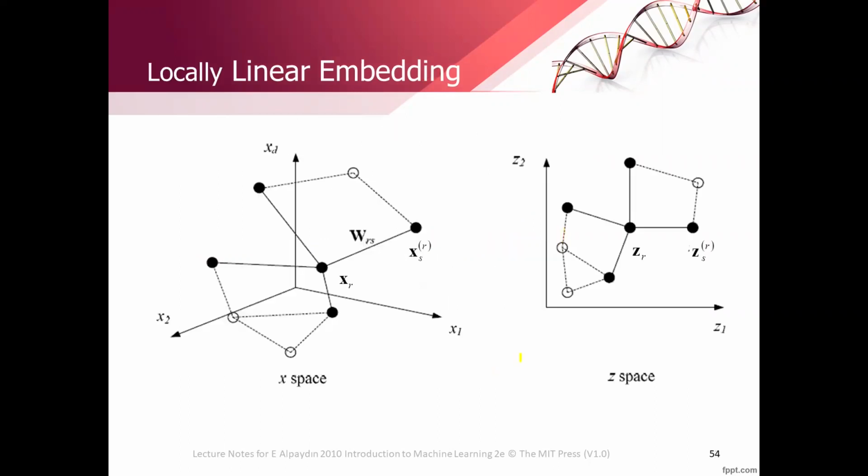So this is the idea, and some illustration. This is in 3D space. In 3D space, we have the observation XR and the neighbors. And WRS are the weights used for obtaining the observation as a linear combination of the neighbors.